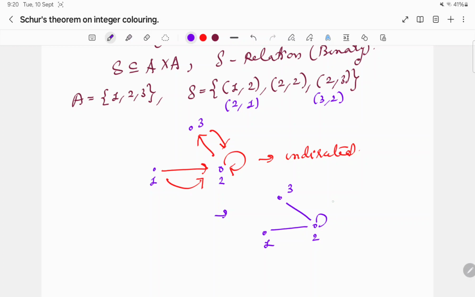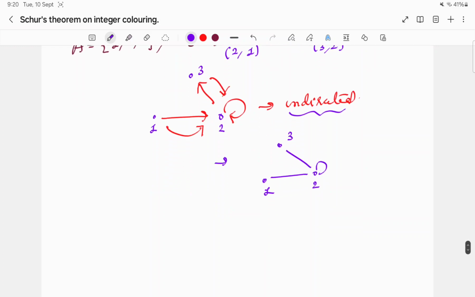So a binary relation with symmetric nature gives rise to an undirected graph, right? If it is not reflexive, no problem, because whenever there is an edge between x and y, there is an edge between y and x. So that's an idea: any relation gives rise to a graph. That is the first thing.